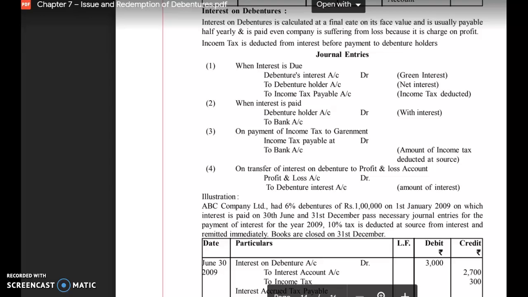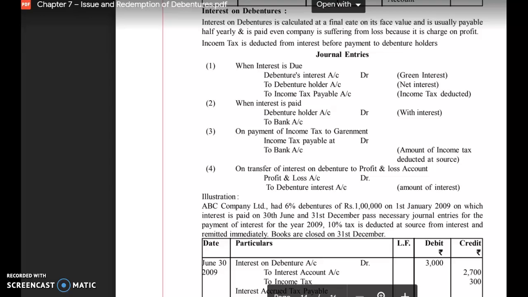Journal entry will be very simple for writing off this discount: security premium reserve account debit, or general reserve account debit, or statement of profit and loss account debit to discount or loss on issue of debentures. So this way the journal entry will be recorded relating to the writing off of discount or loss on issue of debentures.